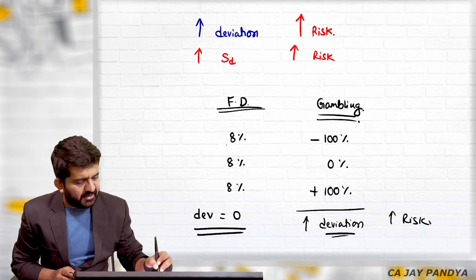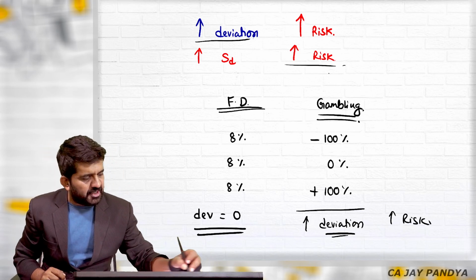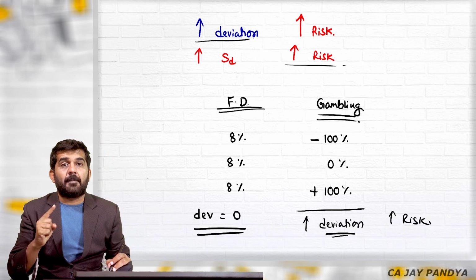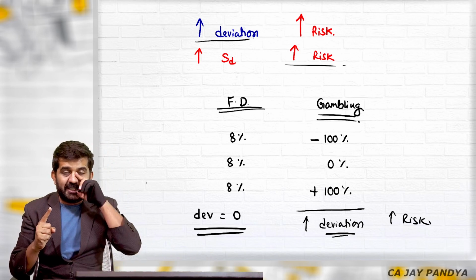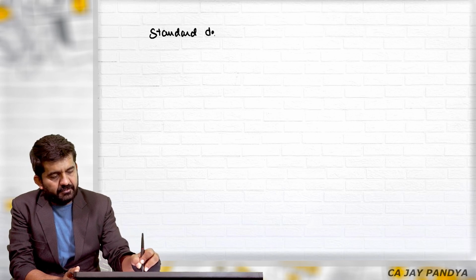Gambling is always higher risky than investing money in fixed deposit. So higher the deviation, higher is the risk. And the best measurement for deviation is standard deviation. We are going back into our foundation statistics chapter, whereby we will be learning how to find out a standard deviation.